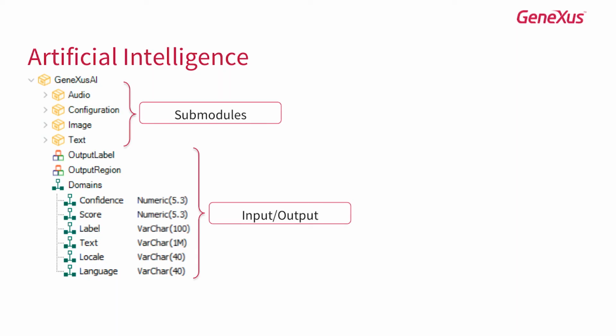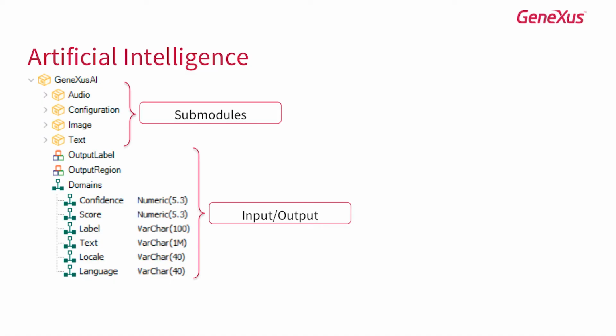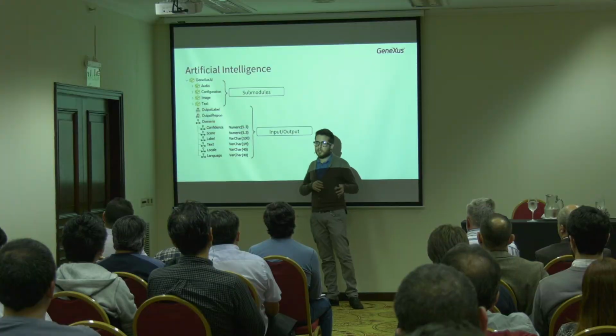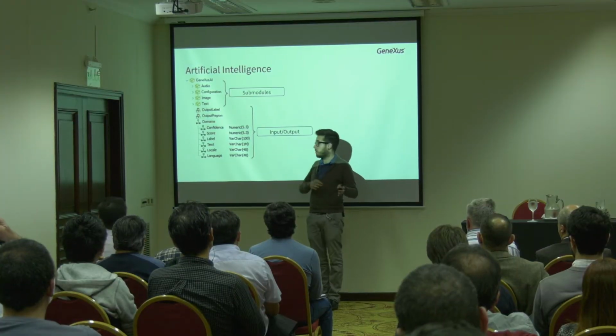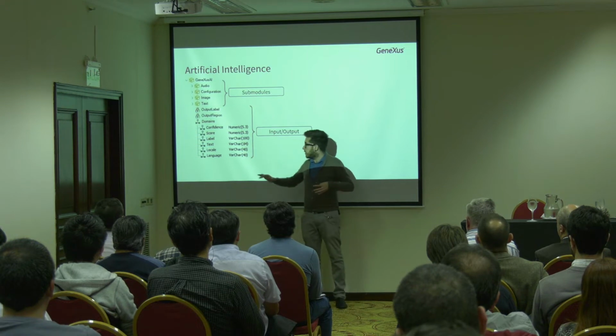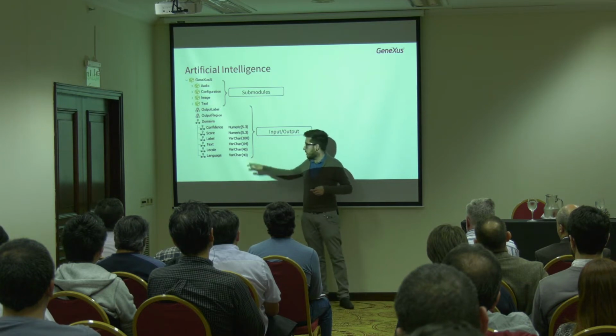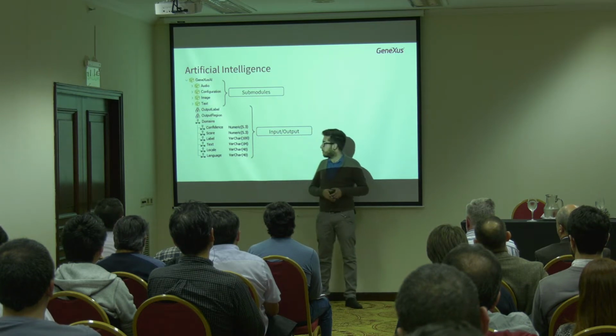This confidence is the level of confidence that the provider sends back to us, and then score, between 0 and 1, and the semantics of the score depends on the method we use. Label, text. This is more particular than language.